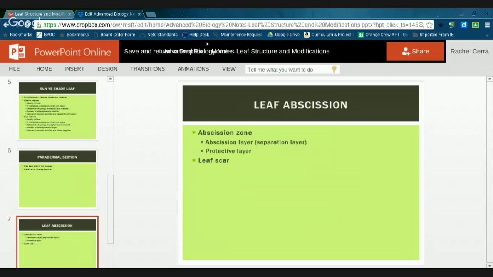So your plant or your stem is going to make that protective layer first, and then the abscission layer is where it actually separates from the stem itself.